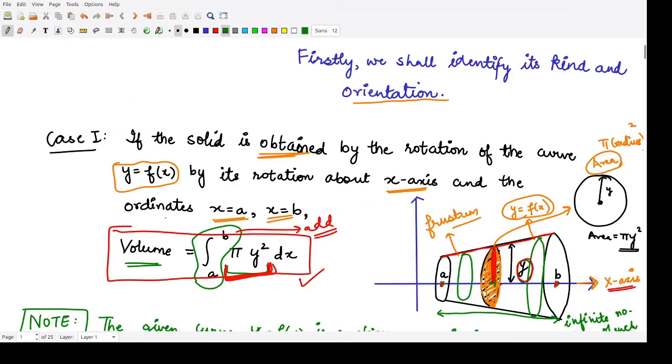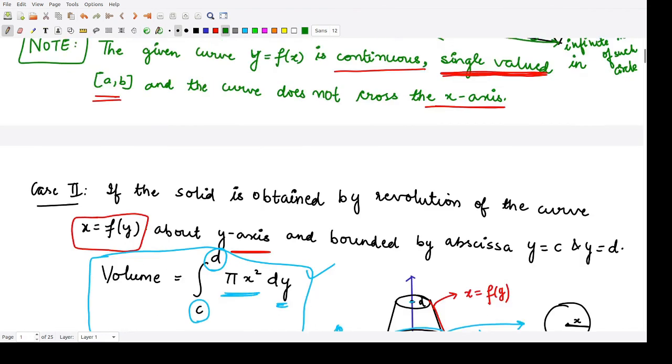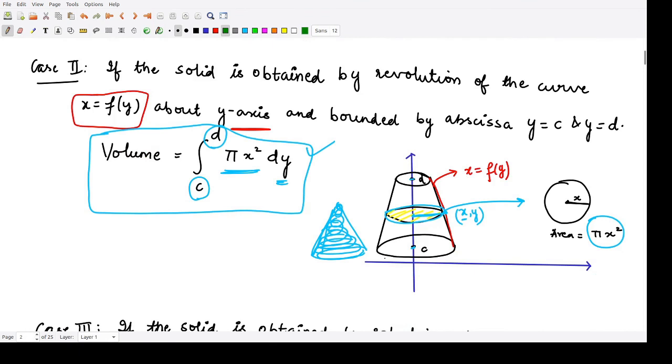Firstly, if the curve is formed by rotating the given curve about the x-axis, the volume is calculated through this expression. Then if you have the volume obtained by revolving the given curve about the y-axis, we have this formula.